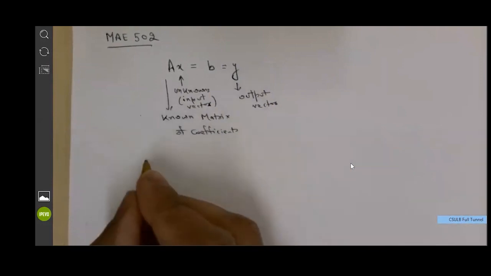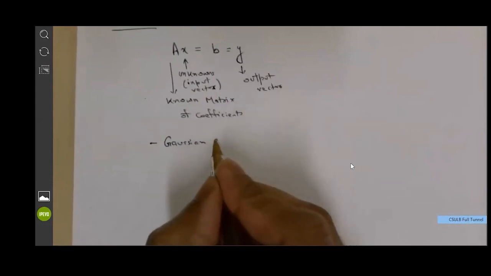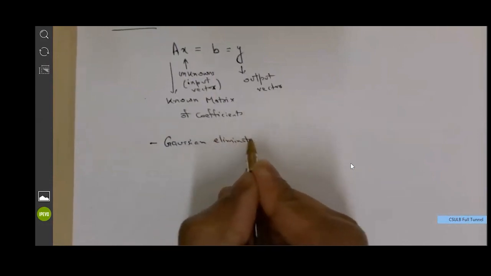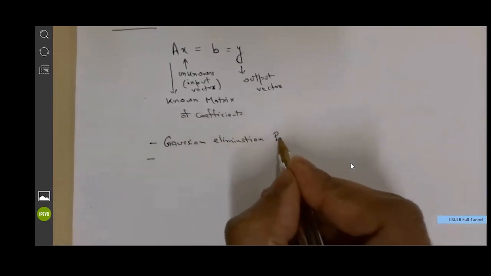So we actually covered the Gaussian elimination technique. That's the very first thing we did, Gaussian elimination, and we learned it with partial pivoting.